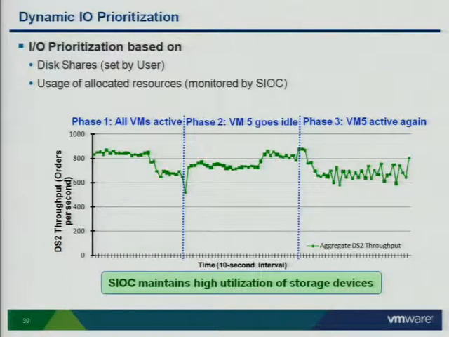So the device utilization remained high throughout the experiment, which is something you need to remember. Storage I/O control throttles the I/O queue slots to the VMs based on their disk shares, but the main goal is also to keep the device utilization very high to protect the investment.